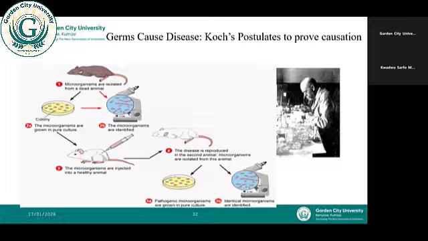Then he took a sample from this mouse, which had died, and put it on a medium. When you say medium, we talk of nutrients that support growth of microorganisms.